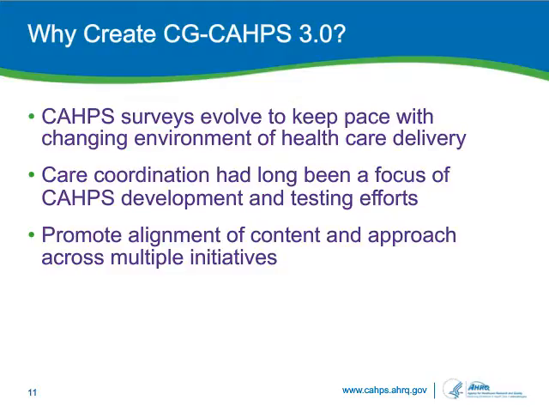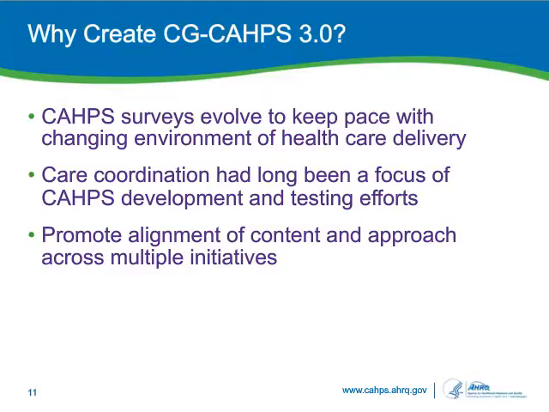While the stability of the survey content is important to support comparison of CAHPS scores over time, it is equally important to ensure that the survey keeps pace with the changes in the healthcare environment so that we continue to measure the aspects of care important to patients using language appropriate to the context in which care is delivered. Care coordination has also been an area of ongoing focus, and the development we had been doing had finally reached the point where we had a good composite measure of coordination, and we wanted to make it available for users.